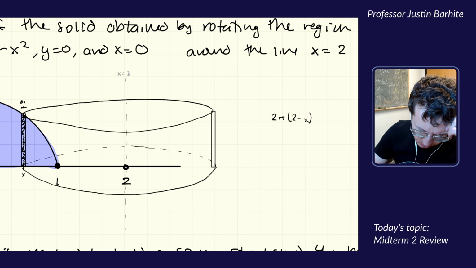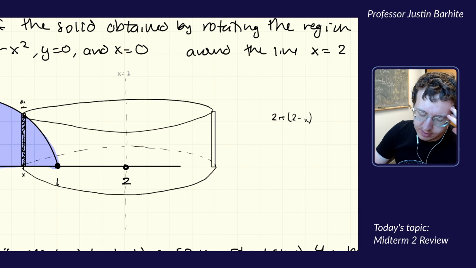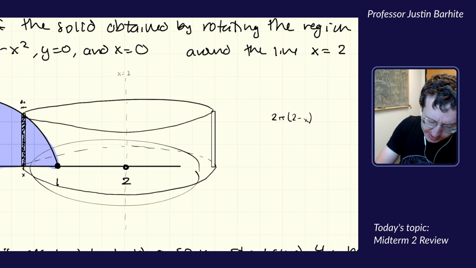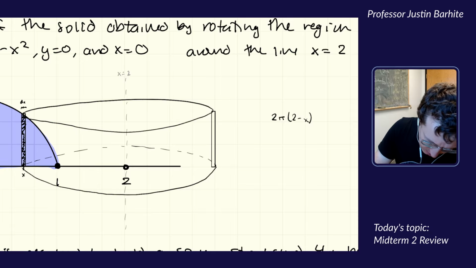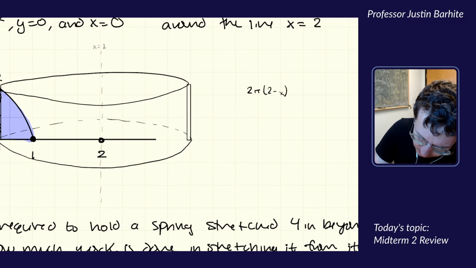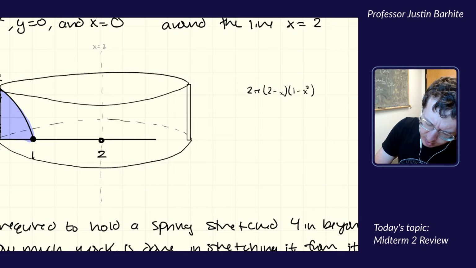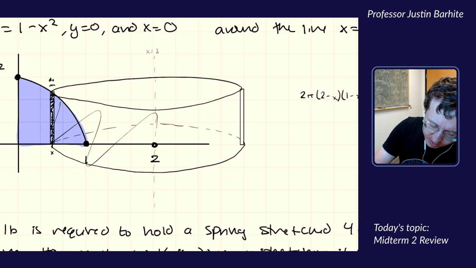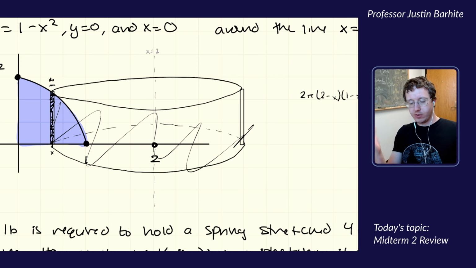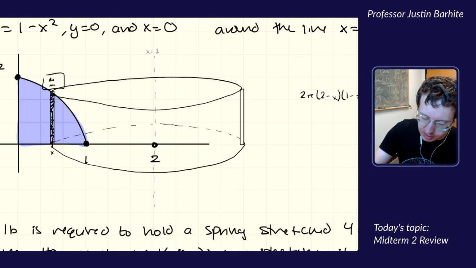So 2 pi times that radius is the circumference, and then I need to multiply by the height, which is given by my function 1 minus x squared. And that is the area of the outer face of the cylindrical shell, but we also need to multiply by the thickness in order to get the volume.